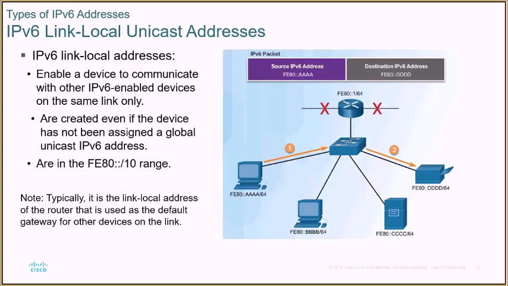Now, basically, what happens with most hosts is they'll grab the FE80, and that's all they use in the first 64 bits. And then the last 64 bits, they will actually uniquely create their own host address. There are several ways that they can do it, but EUI-64, I think, is what's mentioned in the curriculum here.